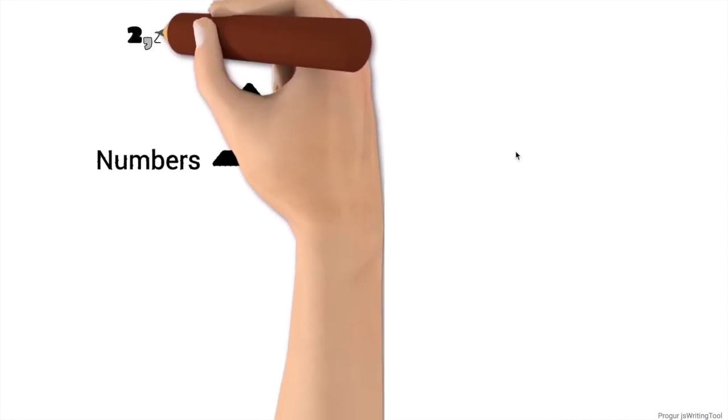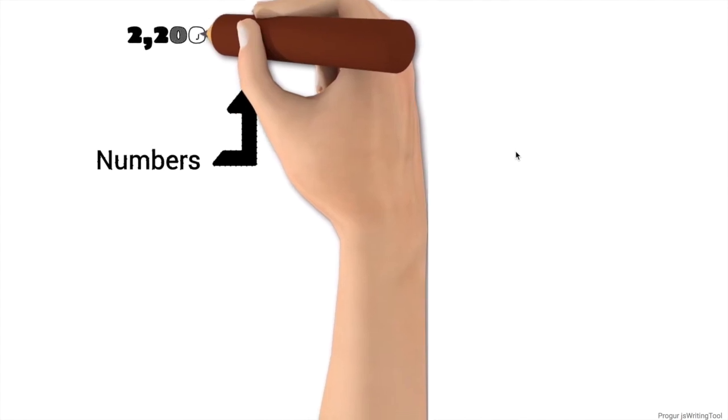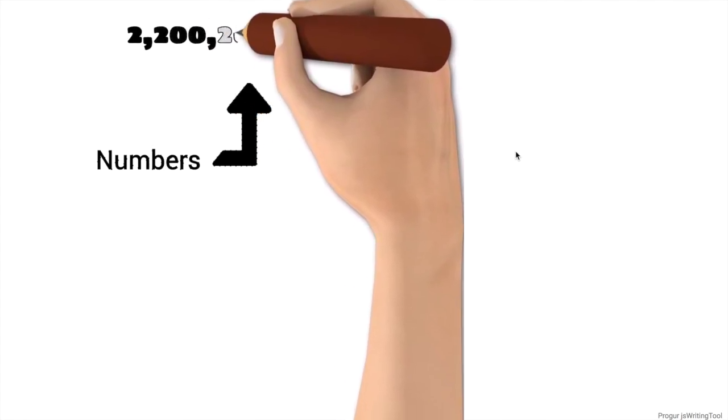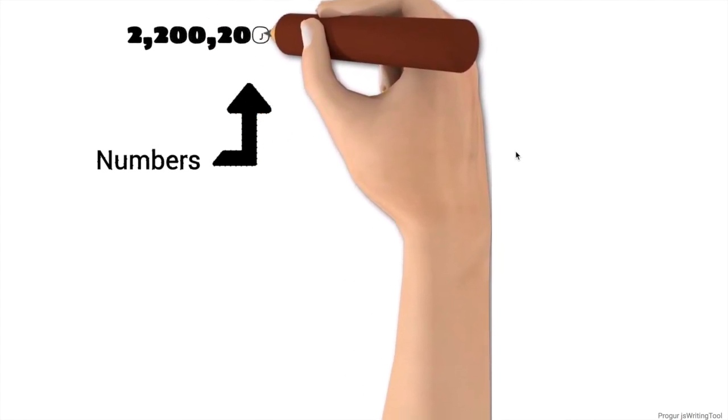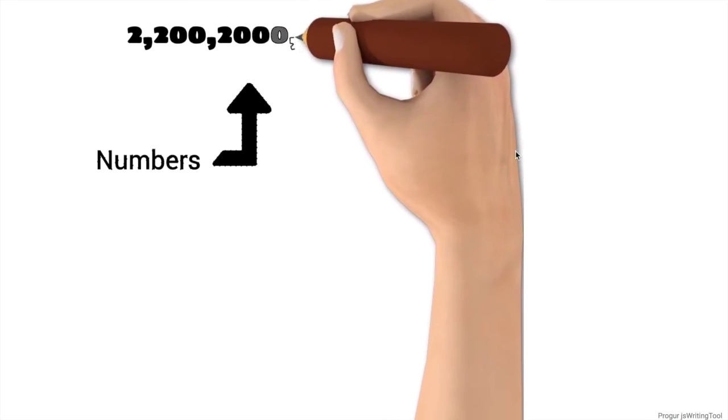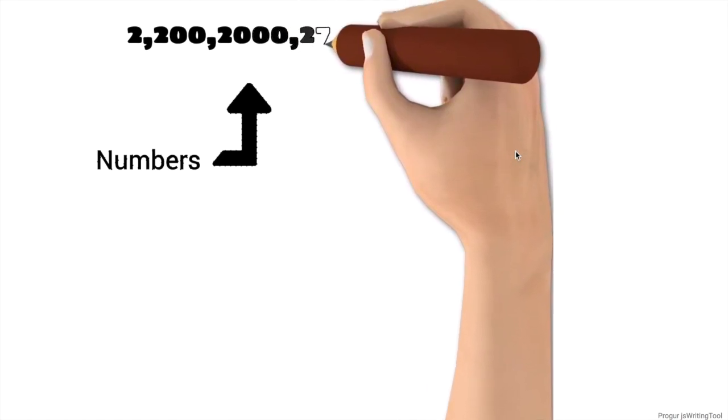So as of now we have discussed a lot about how to store numbers. If you talk about numbers, then we have already discussed how to store numbers like 2 or 200 or 2000 or 2700, isn't it?